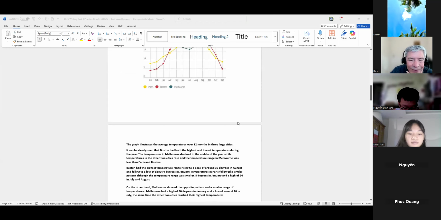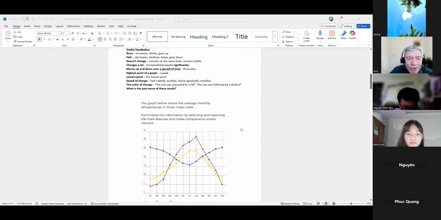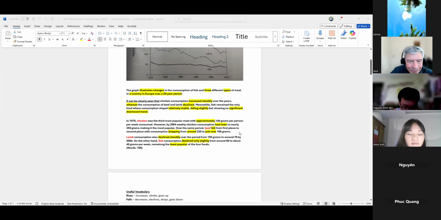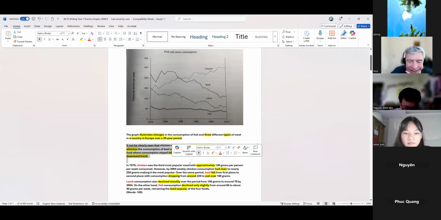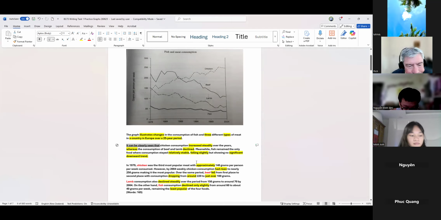Okay, so everyone, I hope you can see, going right back to this graph, this is the overview paragraph. Now you can see I have underlined these words. Okay, what are these words? Ding Lam, what are the words I've underlined?